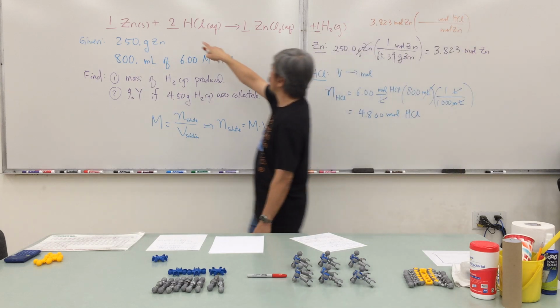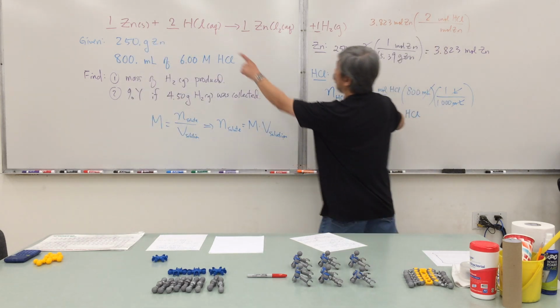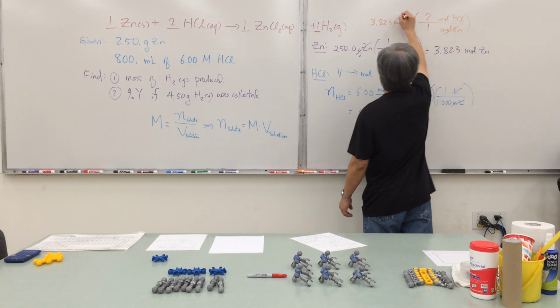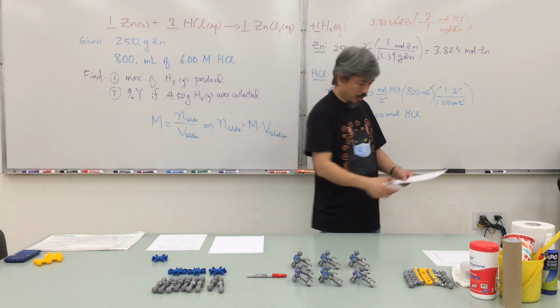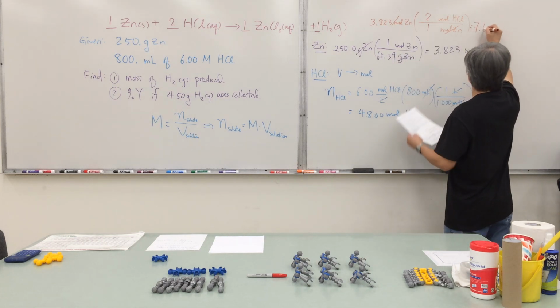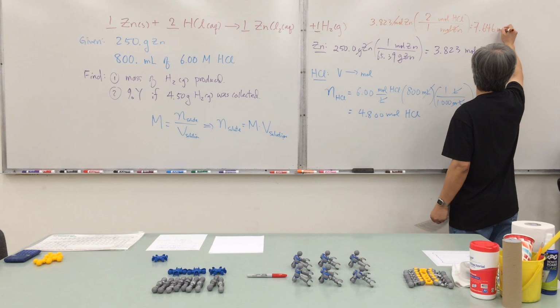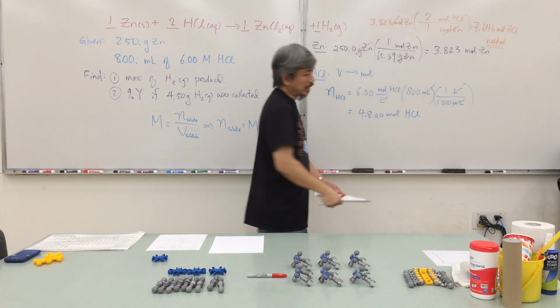I find that, okay, in this case, I have a 2 in front of HCl, and then 1 in front of my zinc. That goes away, okay? And that'll give me a value of 7.646 moles of HCl needed. Okay? So that's how much I need.